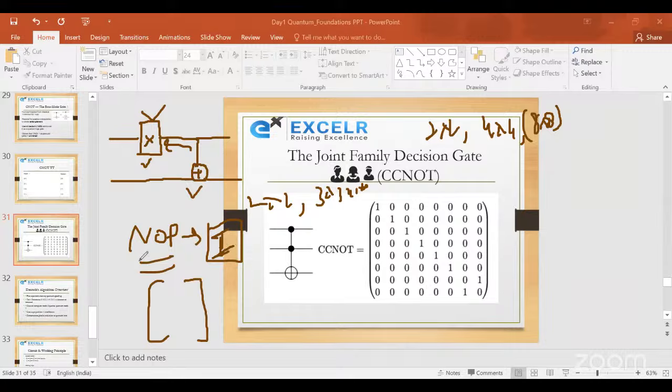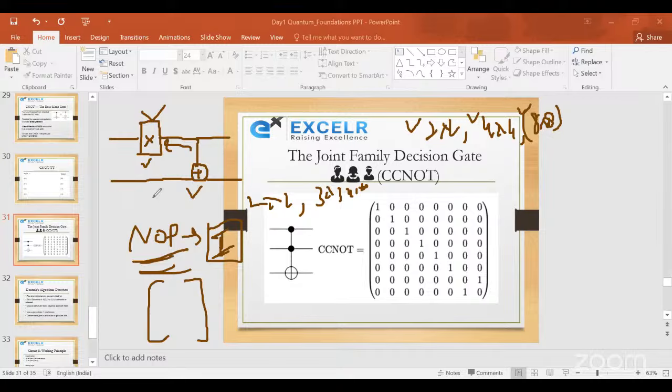That's why it is called a no operation gate. Whether 2 into 2, 4 into 4, or 8 into 8, we can have this matrix. The identity matrix means the diagonal elements will be one only. That is the identity matrix, the unit matrix.